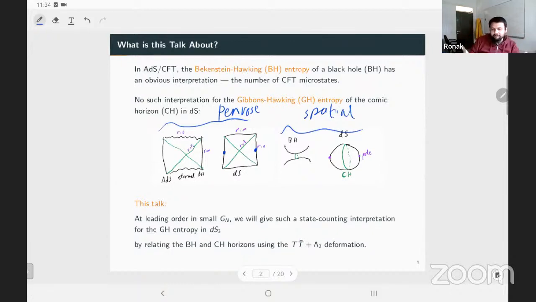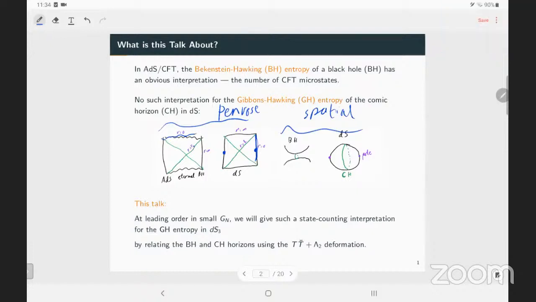What r equals 0 means is that basically some internal space is shrinking. In de Sitter 3 case it's a circle, and any internal space can shrink in either a smooth way or a non-smooth way. In AdS, at the singularity here, it shrinks in a non-smooth way. Here, it shrinks in a smooth way. Yeah. So in any case, it's okay.